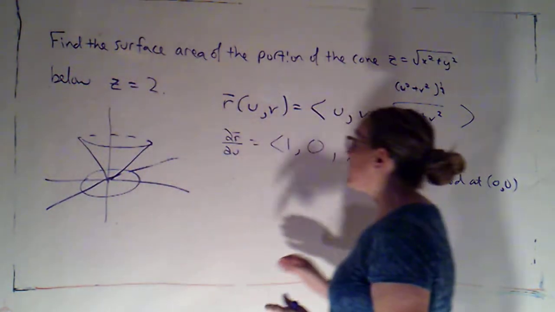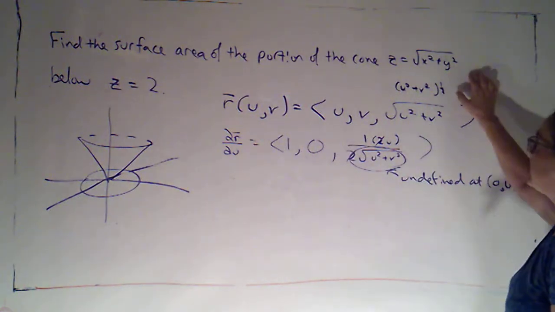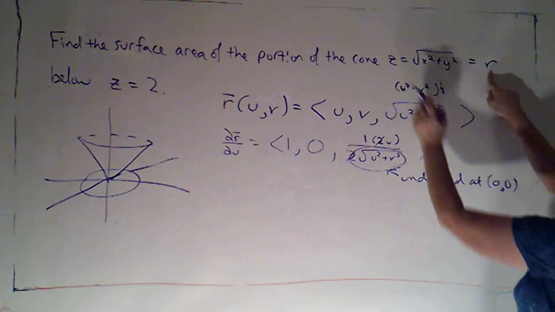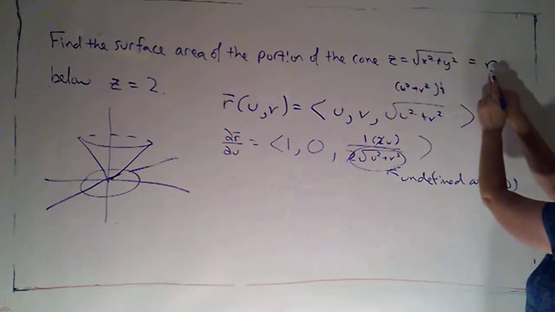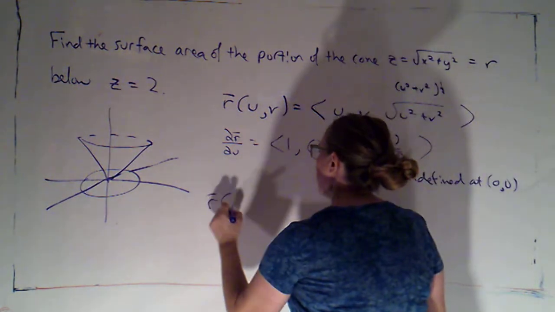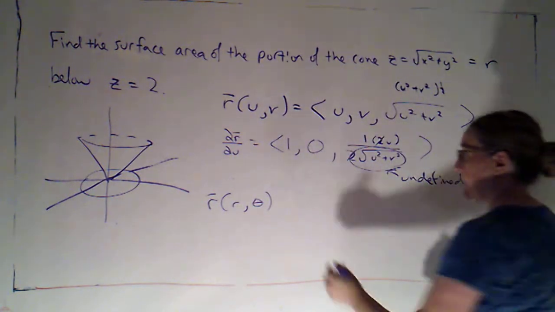Okay. So I want to use a different parametrization. And I think the simplest parametrization here is to say that's also expressing z in terms of polar coordinates. So I could use r of r theta. I'm going to use r and theta as my parameters.